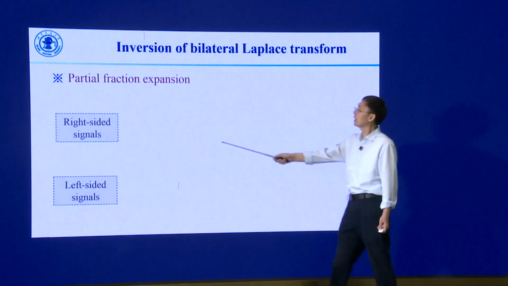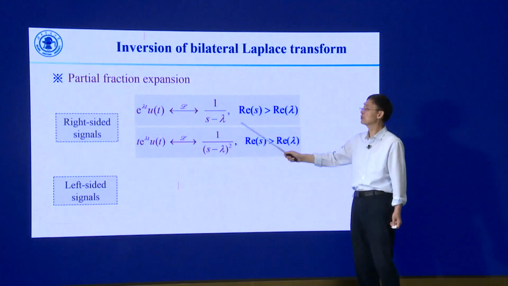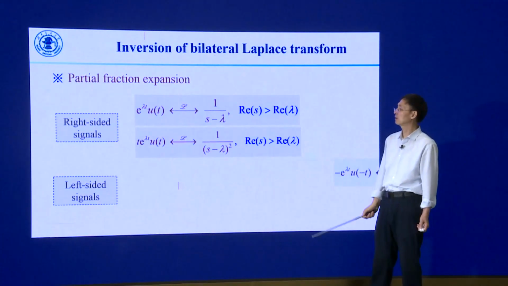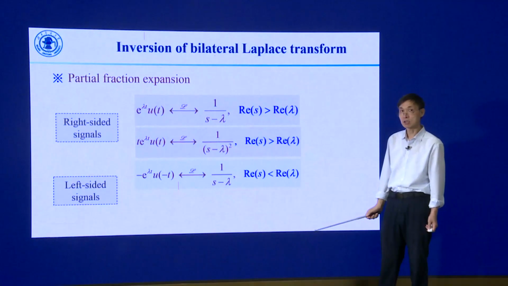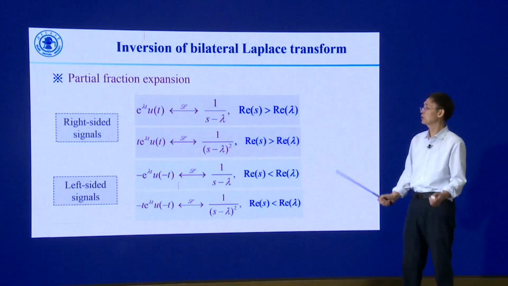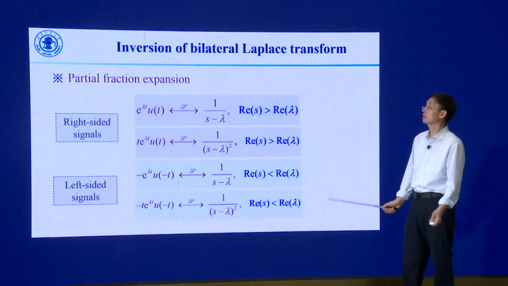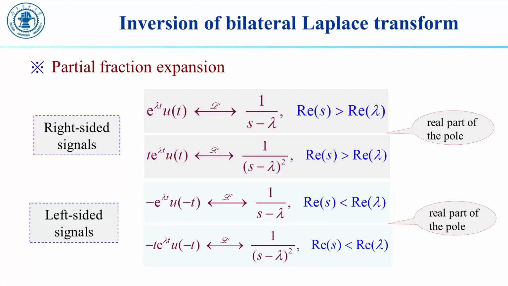For right-sided signals, we have these transform pairs. For left-sided signals, we have these transform pairs. We will use these transform pairs to find the inverse bilateral Laplace transform.